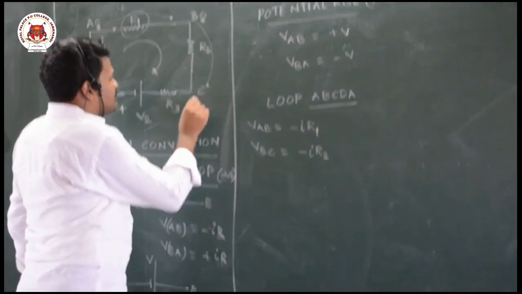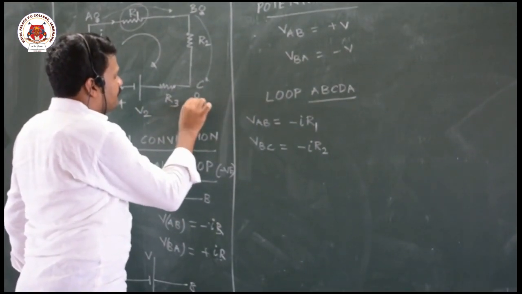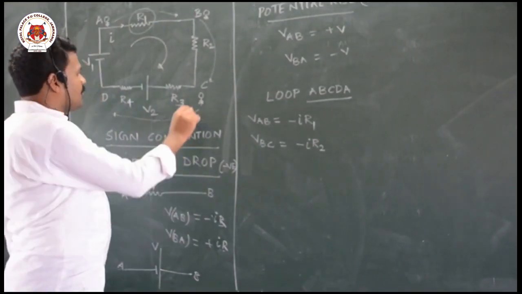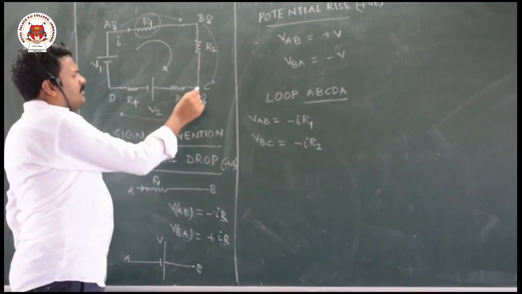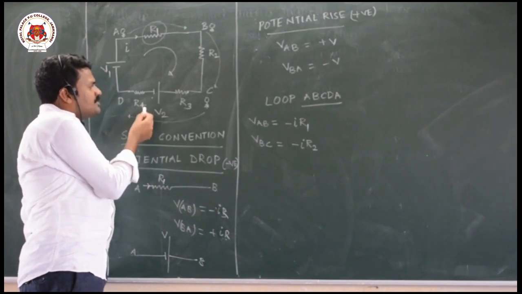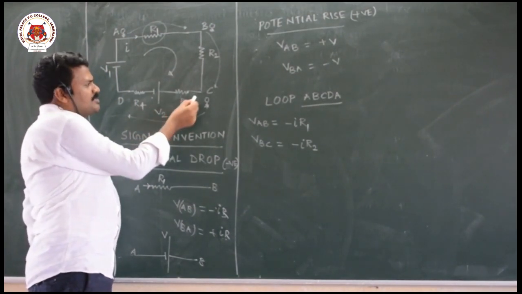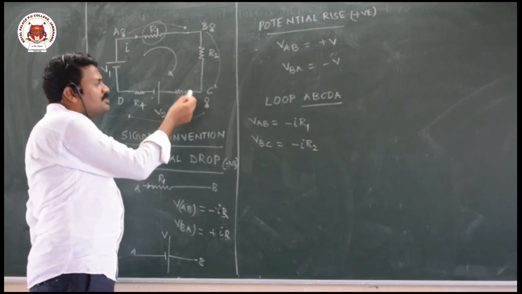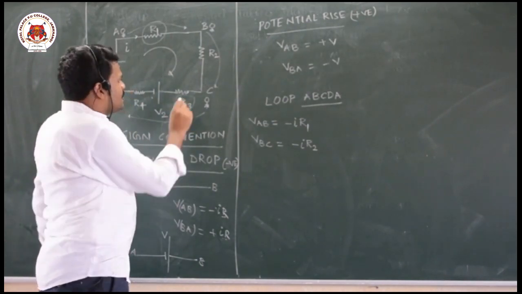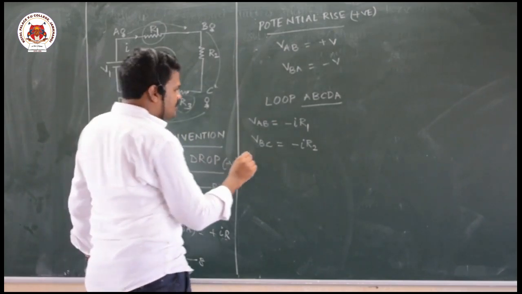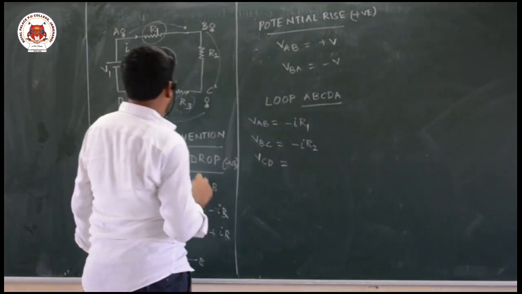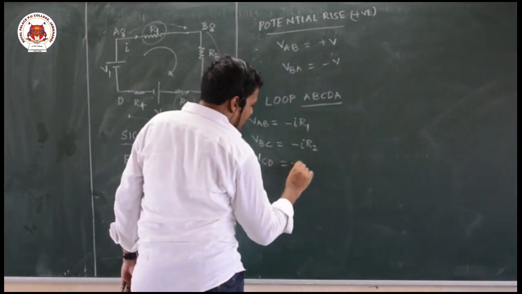Now you have reached here. Now from here you go towards D. When you are going towards D, there are two resistors, and the current flowing is I only. There are two resistors and one cell. First there is a resistor. This is a potential drop, because in the direction of current, inside a resistor potential drops. So here VCD is equal to minus IR3.